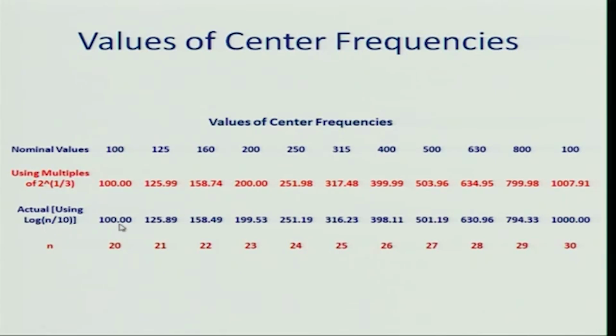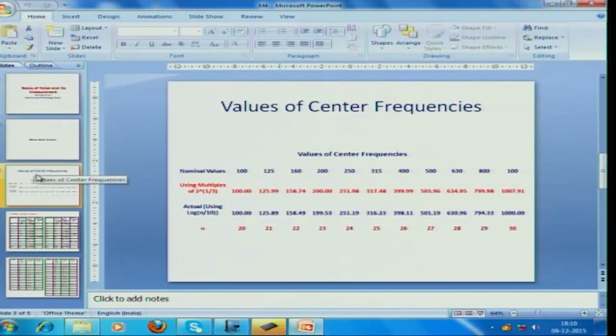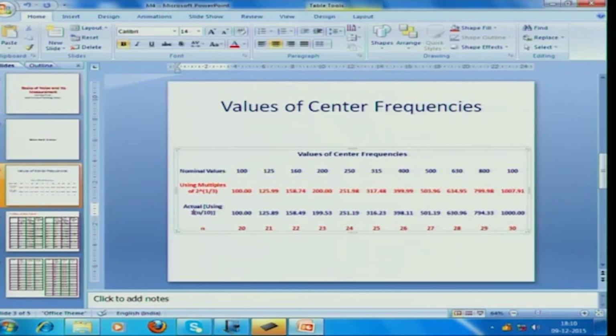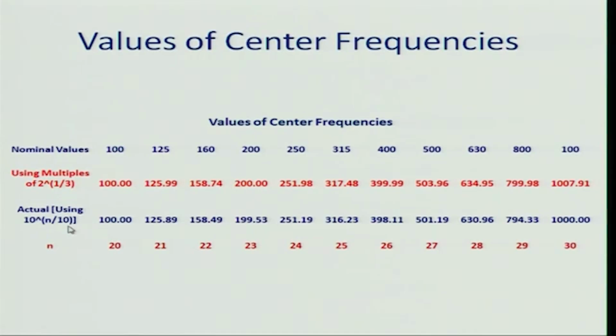So let's say n is equal to 20, you start from n is equal to 20. So then 20 over 10 is 2, 10 to the power of 2, okay. So this is 100, I have to correct this, 10 to the power of. So when n is equal to 20, I get 100 Hertz.